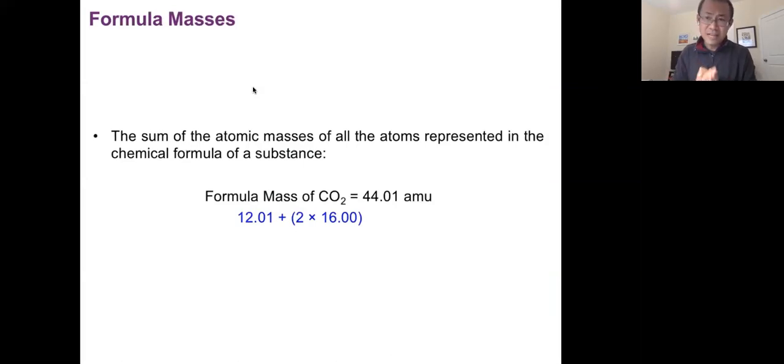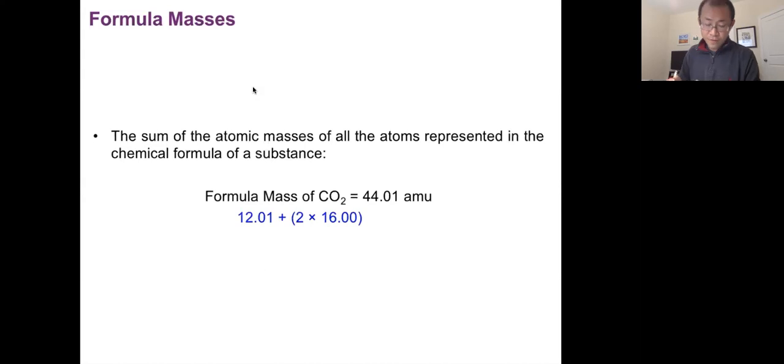This concept can be applied not only to atoms but also to molecules, because molecules are made of atoms. If we add the atomic mass of all the atoms in the molecule together, the number we get is called the formula mass.